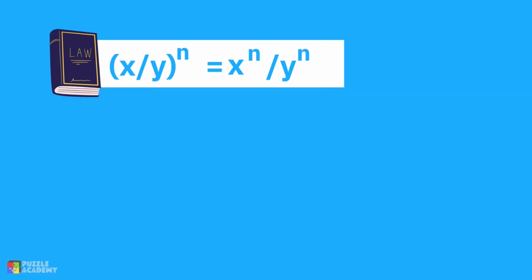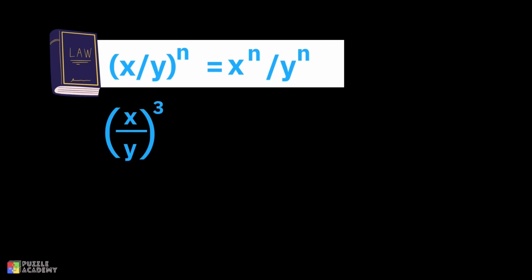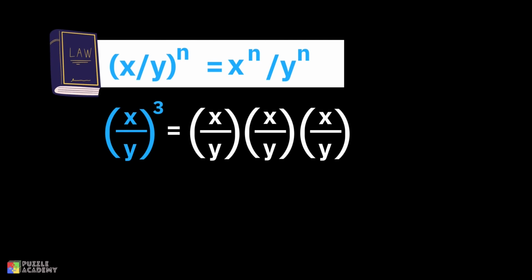And as we proceed, the law that x over y raised to n equals x raised to n over y raised to n is similar to the previous example. Just rearrange the x's and y's here. For example, we have x over y raised to 3, and we will write x over y 3 times together.